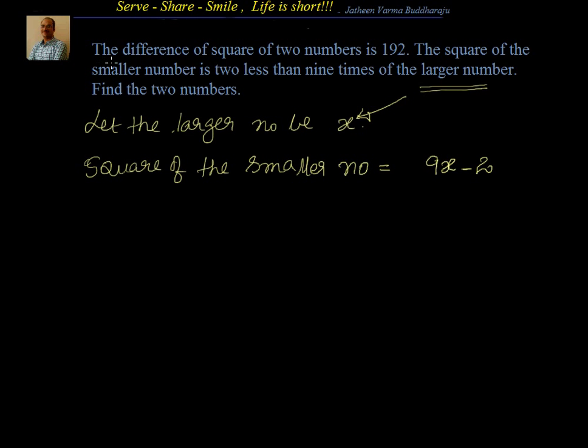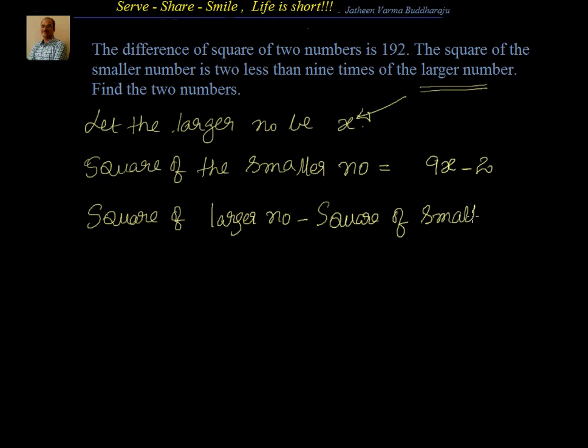We also have been given that the difference of squares of two numbers is 192. That means we know that square of larger number minus square of smaller number is equal to 192.